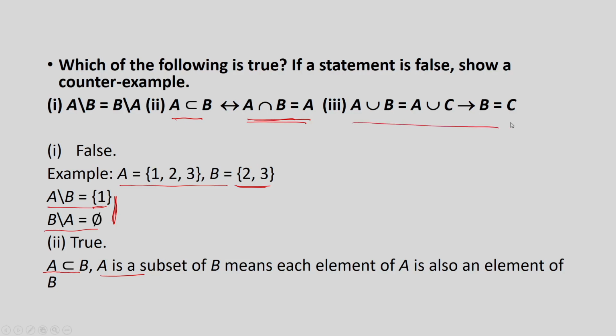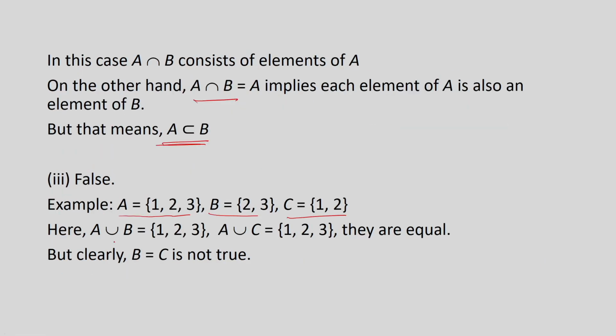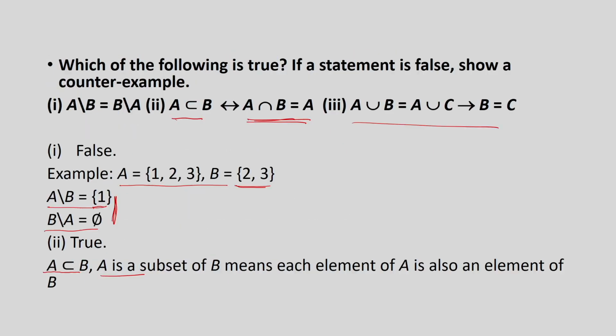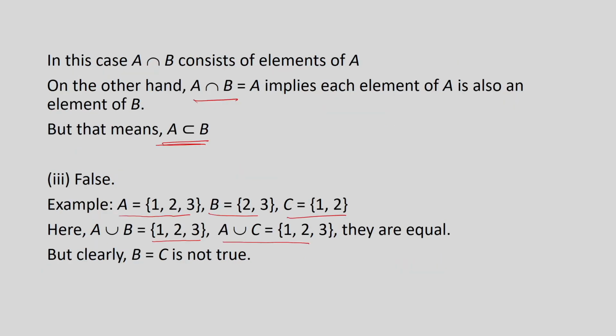Now, let us suppose these are the 3 sets, then we can show that this is not correct. Okay. In this case, what is A union B? A union B will be 1, 2, 3, right. And what is A union C? It is also 1, 2, 3, both are equal, right. So, the left hand side is satisfied in this case, but obviously B is not equal to C in this case.